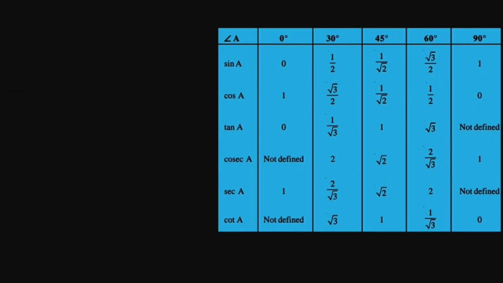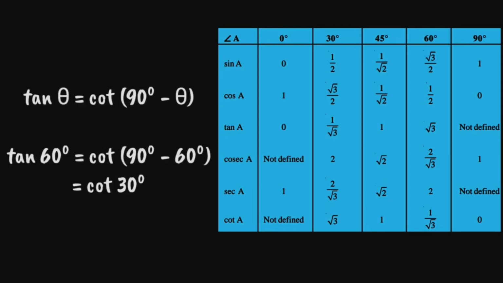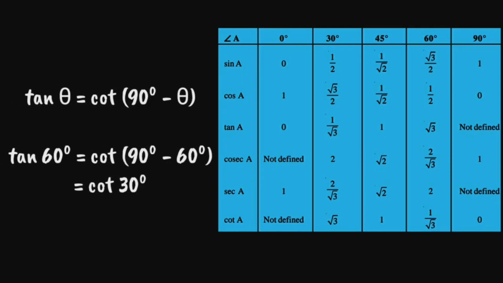So come to the next example. We know tan theta is equal to cot 90 minus theta. So how can you write tan 60 degree? Tan 60 degree equal to cot 90 degree minus 60 degree. What is 90 minus 60? 30.